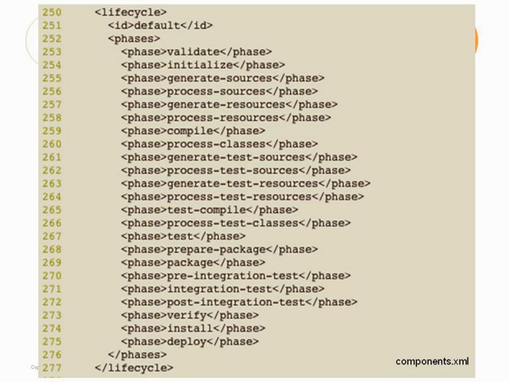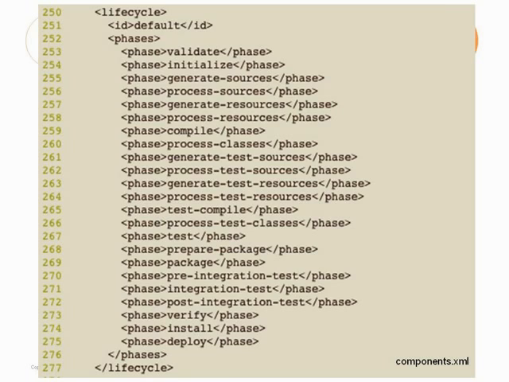So if I was interested in knowing all the different phases that are going to occur in the default lifecycle, and you'll notice that the default lifecycle definition right now is kind of soup to nuts, I could go open up my SuperPOM, check it out, see what's defined.